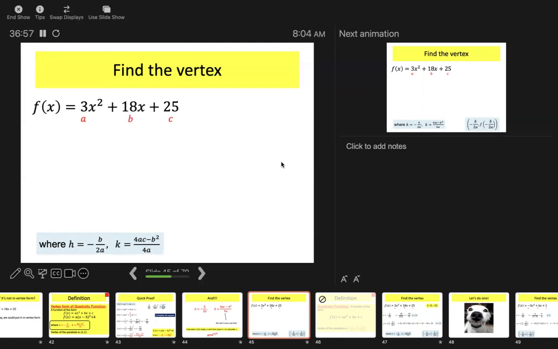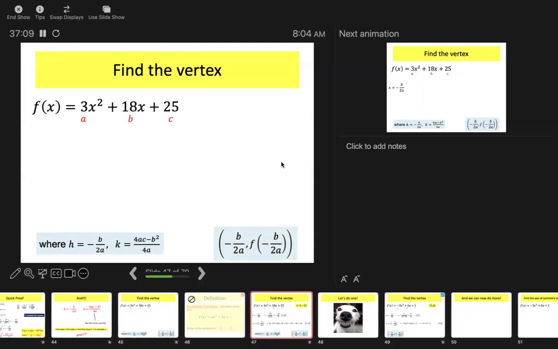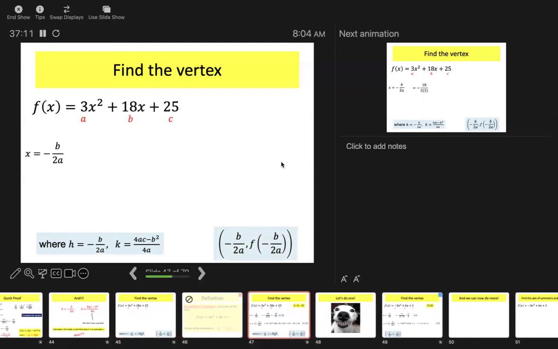I just need B and A. B is 18 and A is 3. So it's negative B over 2A. 2A would be 6. So it'd be 18 over negative 6, or negative 18 over 6, however you want to say that, which is just -3.